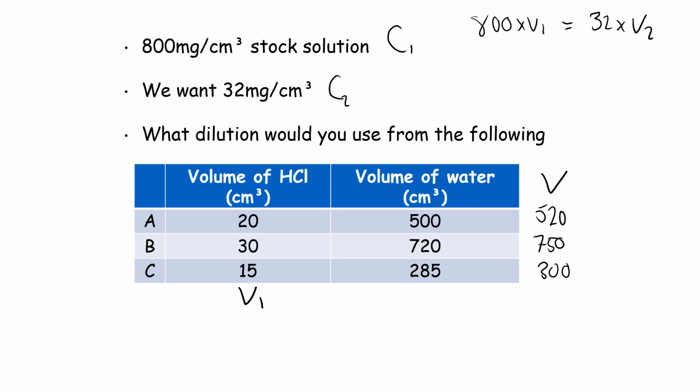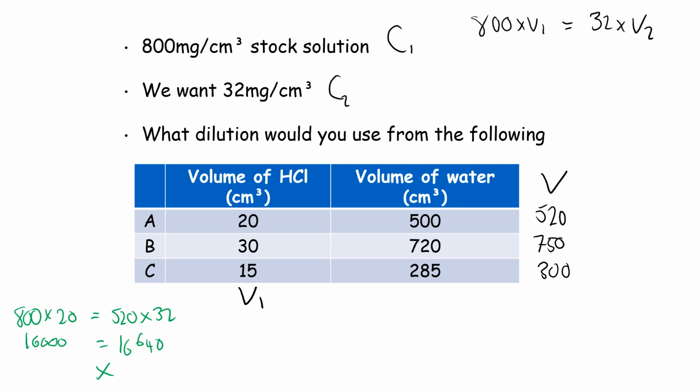So let's look at A. We would have 800 multiplied by 20. Does that equal 520 multiplied by 32? Well, 800 multiplied by 20 is 16,000. 520 multiplied by 32 is 16,640.